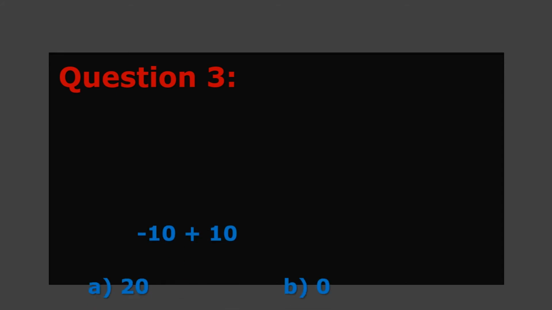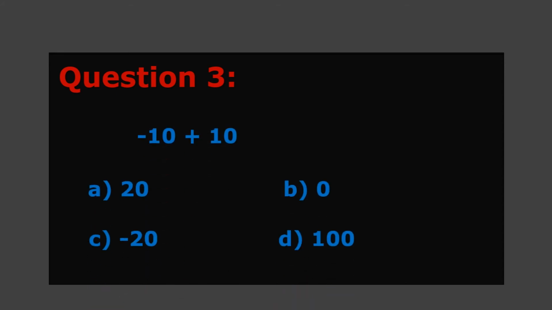Question 3. Minus 10 plus 10 is equal to A 20, B 0, C minus 20 or D 100. Very good. The answer is B 0.